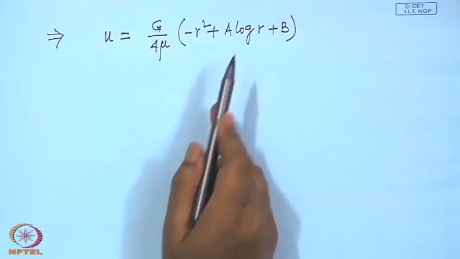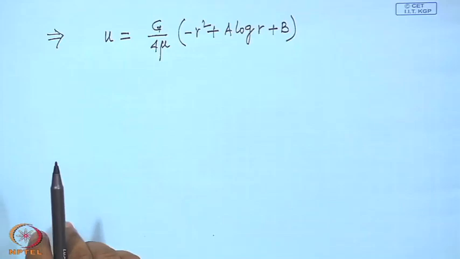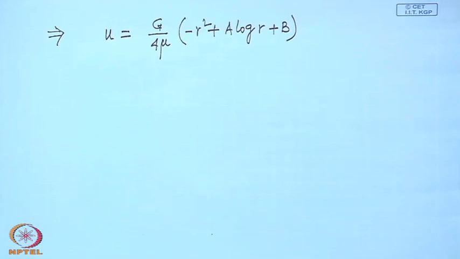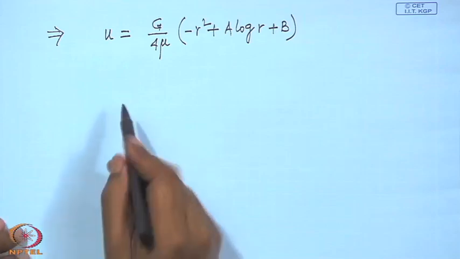This solution gives a singularity at r equal to 0, but our physical reasoning says that there cannot be any singularity in this flow. How is that possible? That is possible if this term does not exist, that means A is 0. If this term is not there, then this singularity does not arise. So, this A is 0.